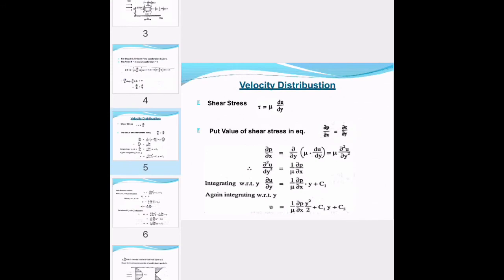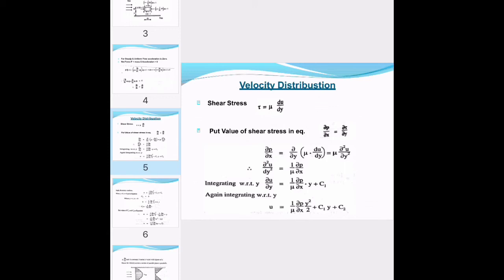When you integrate this again, another constant, c2, will come. So we have to find out c1 and c2, the values of these two constants. For that purpose, we have to consider two boundary conditions.